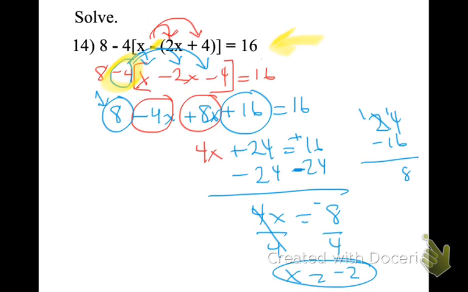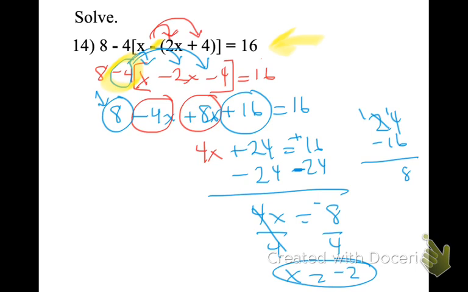Okay? And first, because you have to distribute that 4, we do multiplication before addition and subtraction in order of operations. We're not undoing this, so we had order of operations to simplify the left side first.